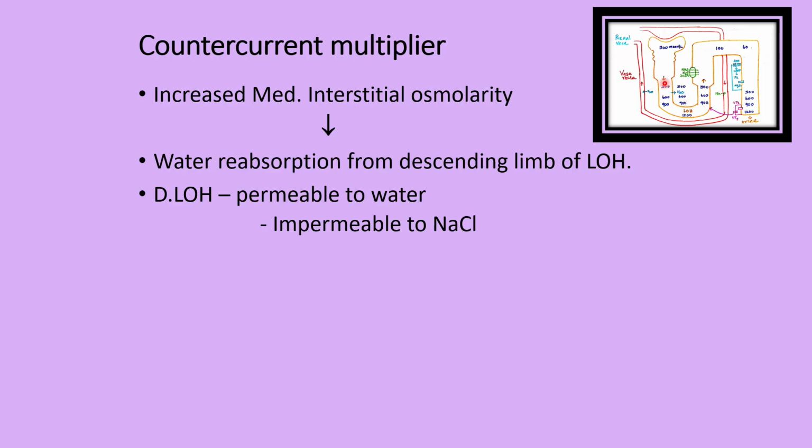So when it moves towards the tip of the loop of Henle, osmolarity gradually increases. When it moves upwards towards the distal convoluted tubule, osmolarity gradually decreases.